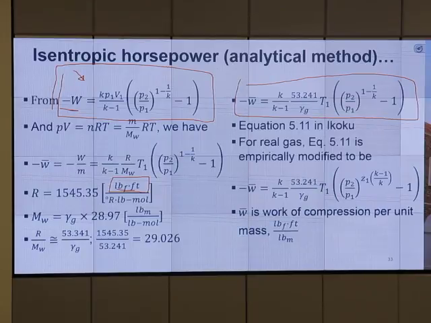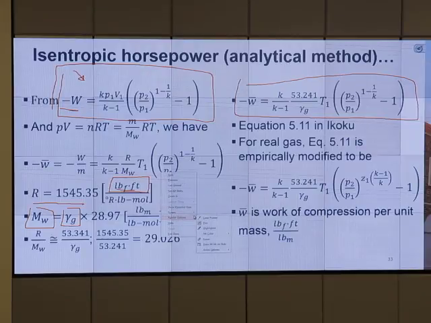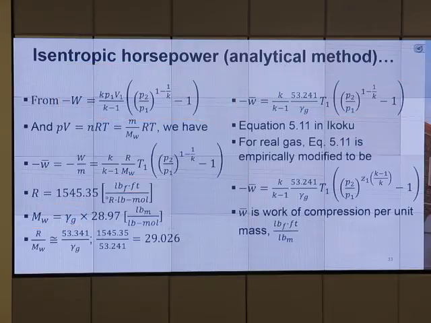So when we do this, it is a unit conversion, and gamma is there to express molecular weight as specific gravity multiplied by 28.97. Ikoku gets 35.241. I didn't get that. I get 53.341.